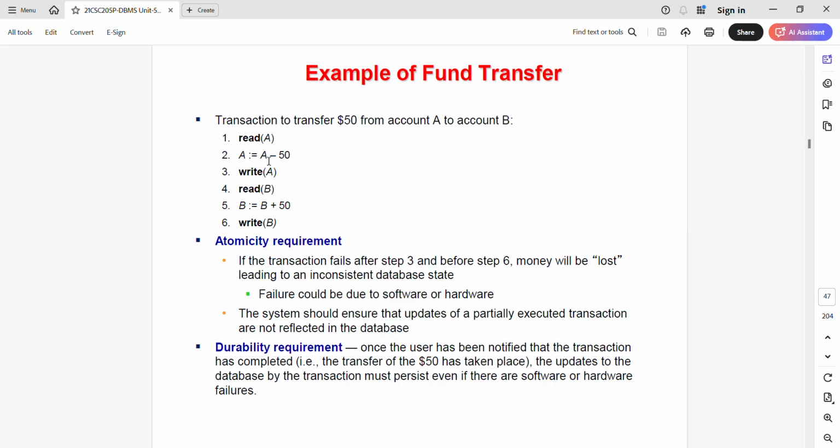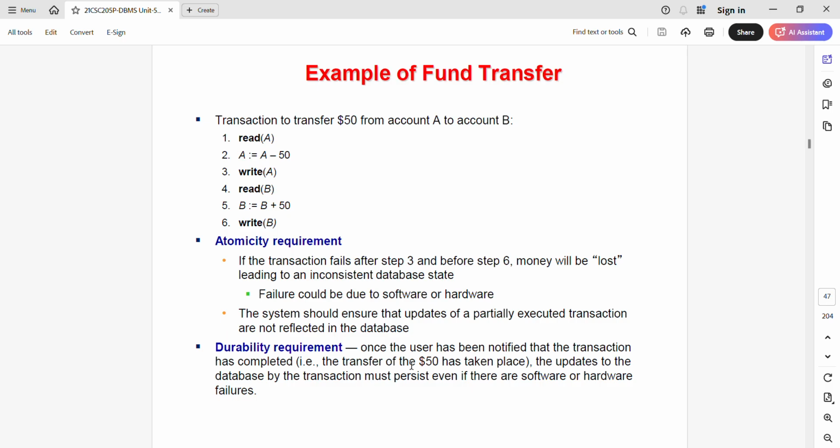That is, whatever money was deducted should not be reflected in the database. This is atomicity, which means either complete all or none. That is the atomicity requirement. Second requirement is durability.